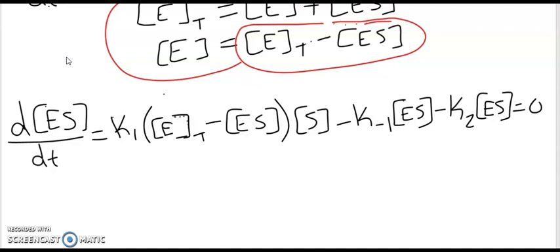Now we have to multiply K1 here and also the S to ES and E total.